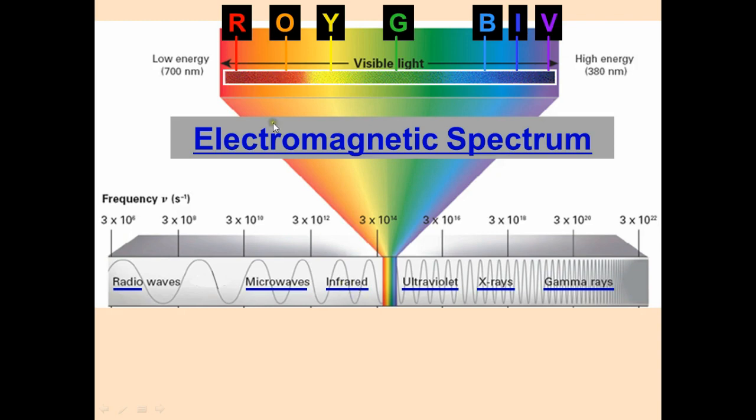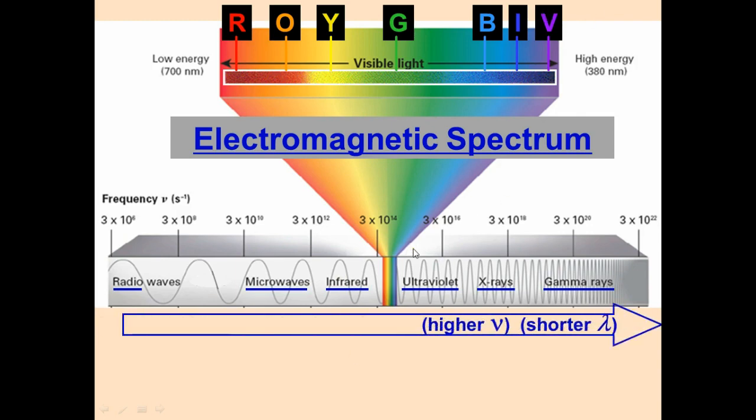So infrared and red are next to each other, while ultraviolet down here and violet are next to each other. And as we move from left to right, there's a higher frequency and shorter wavelength.